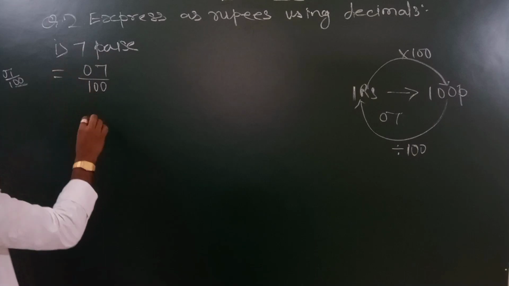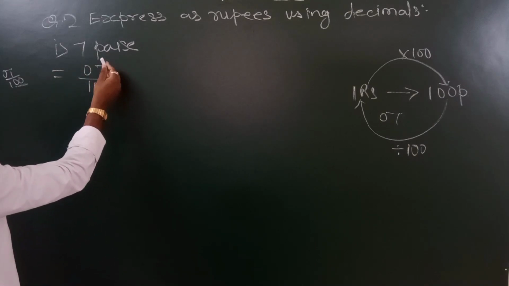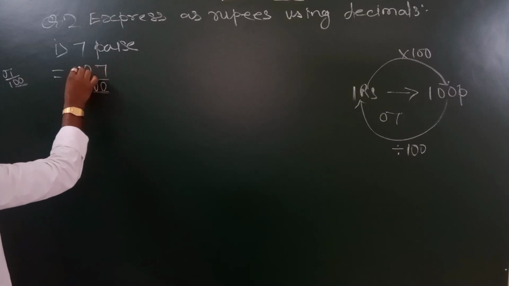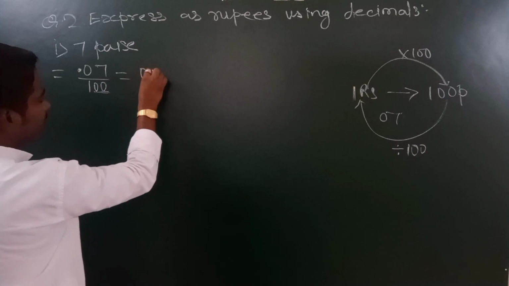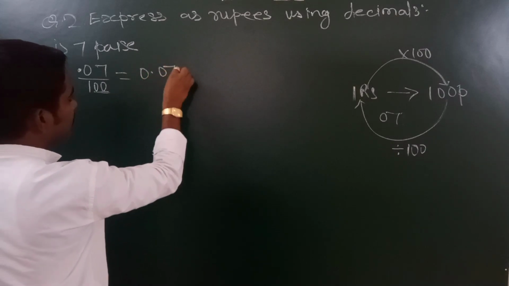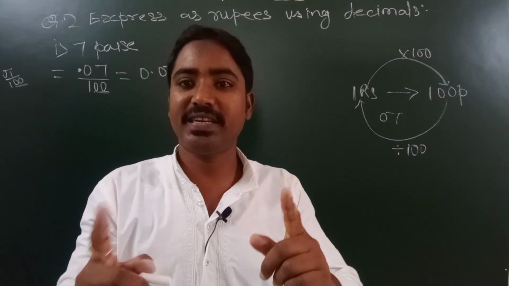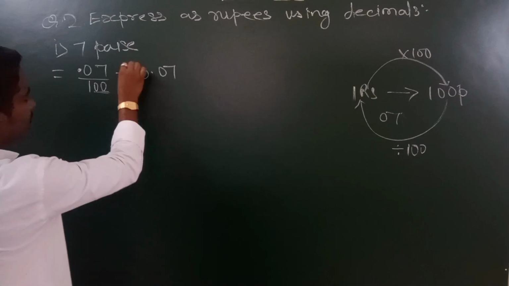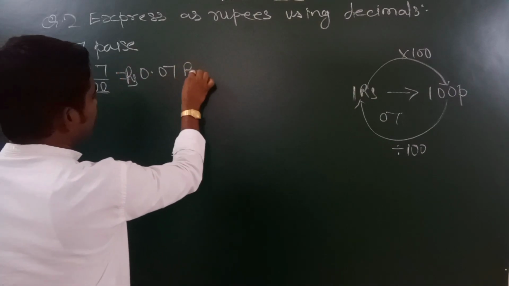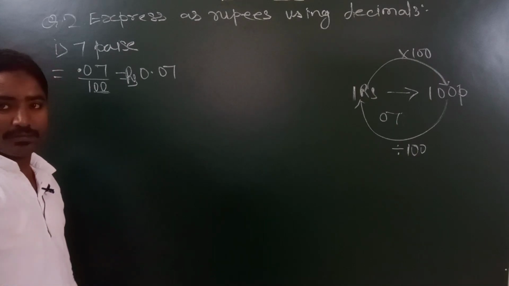Or simply, since we are having 2 zeros, start counting from here, 1, 2, and place a decimal like this. Finally we can write 0.07. Now it is no more paise. It has been converted into rupees. You can write rupees here or there, it doesn't matter.